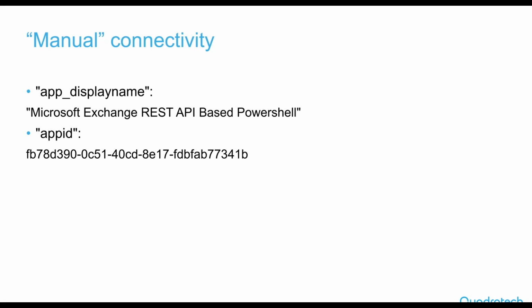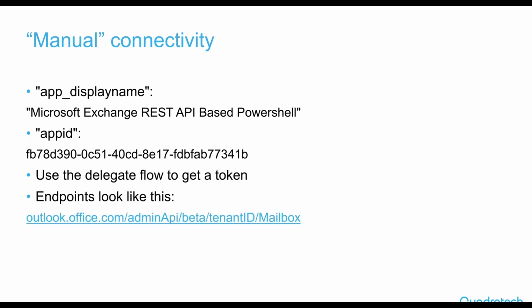What you need is the application ID and some additional information like the resource URI and the response URI. As long as you have all this information, you can manually fetch a token for the Graph API, and then use it to simply run queries against the Graph.